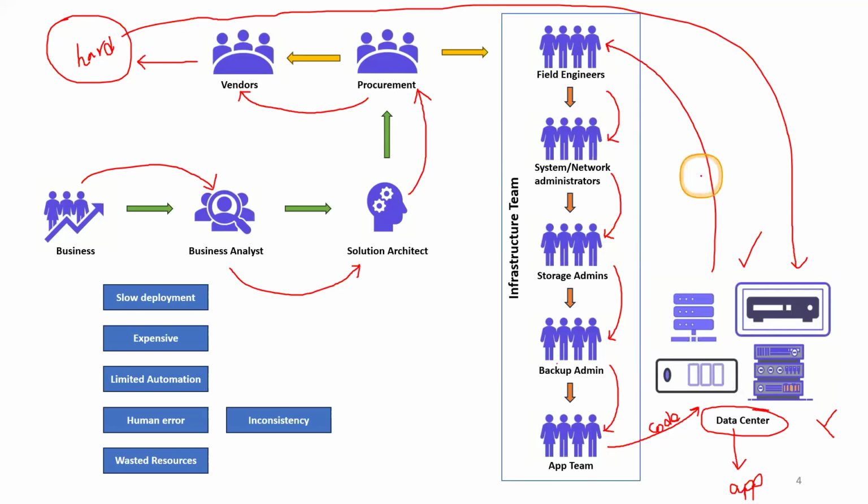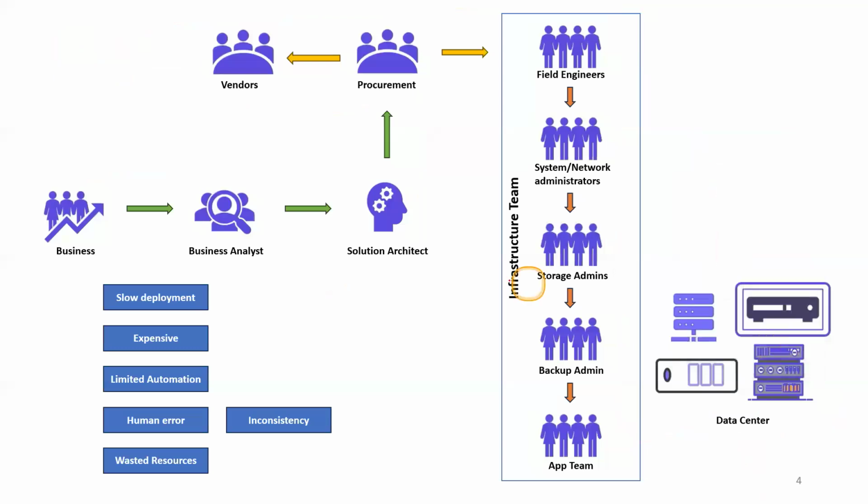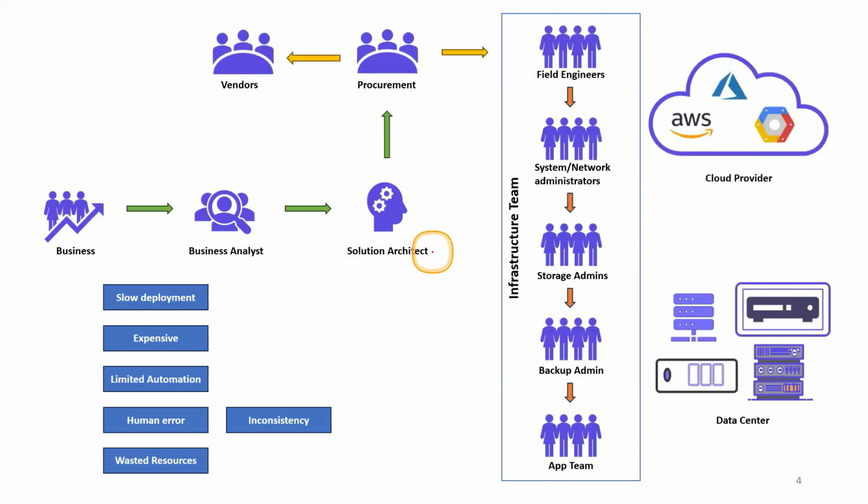They are looking for an alternative working culture, guys. Because companies are facing so many challenges, they are looking for an alternative solution. That's where the cloud providers came into the picture.